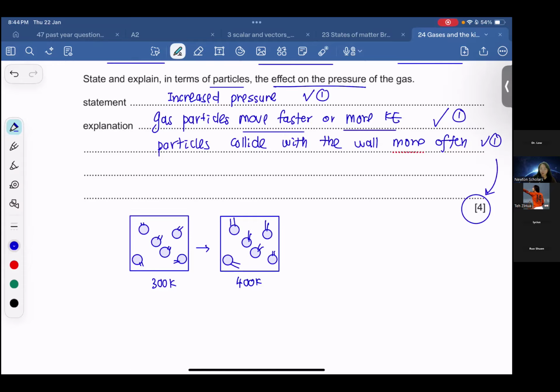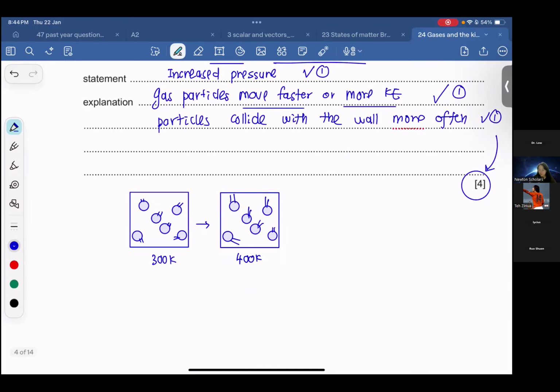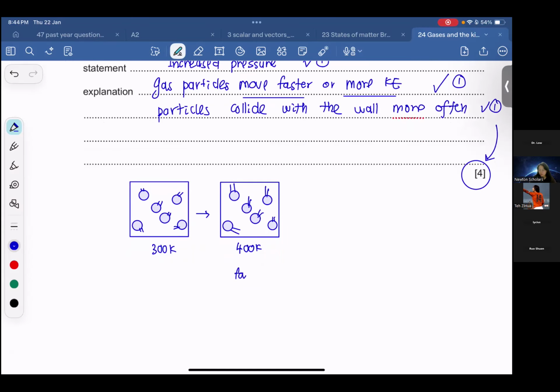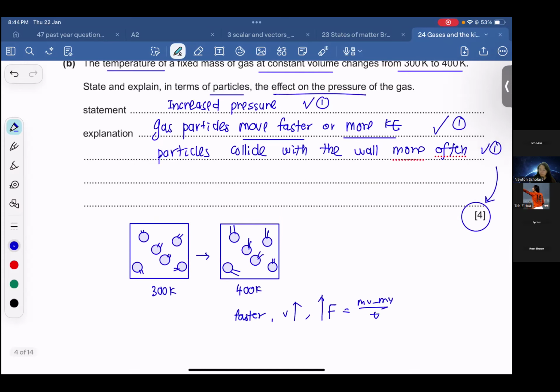That means we need one more point. What else? Just now I told you, if they move faster, the speed increases. So the force on the wall, mv minus mu over t, the force here also increases. So here we can say greater force: gas particles cause a greater force acting on the wall.